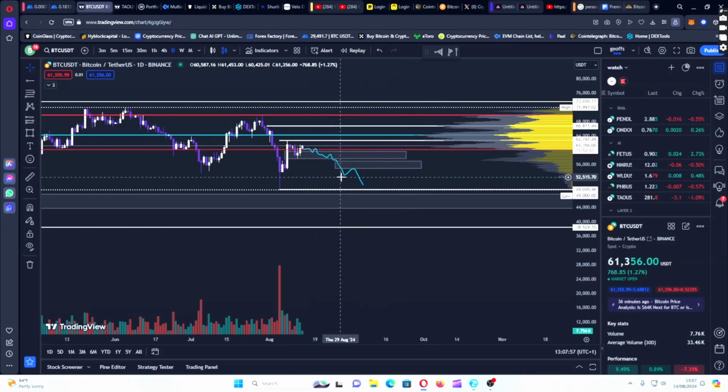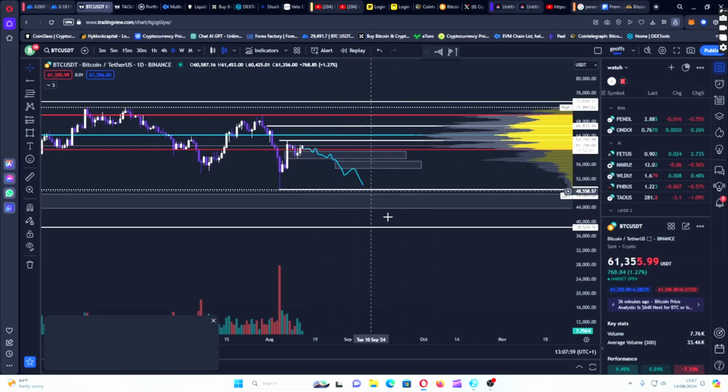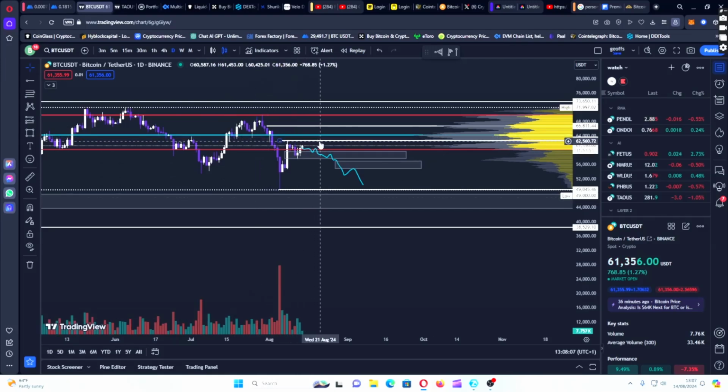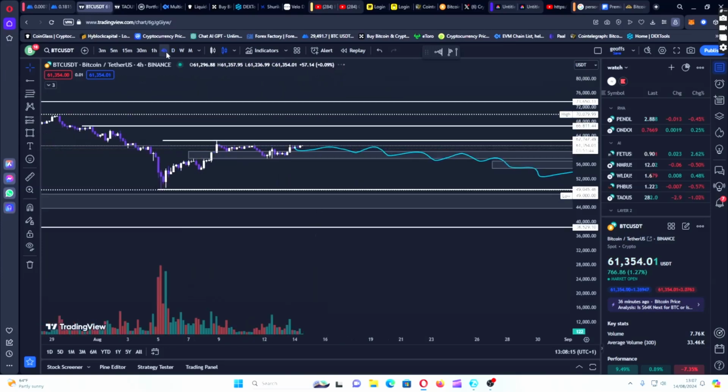That's what I want to see. Let it come up, let it tag it, and then we can go bearish, and then take out this low level liquidity here. Until then, areas of interest 62.8, 66.9. That's what I'm going to be looking at.